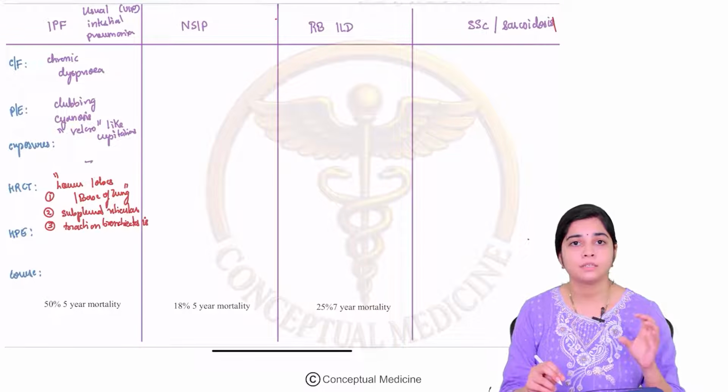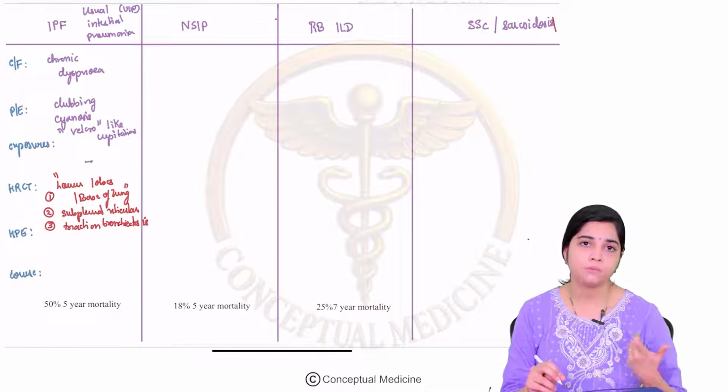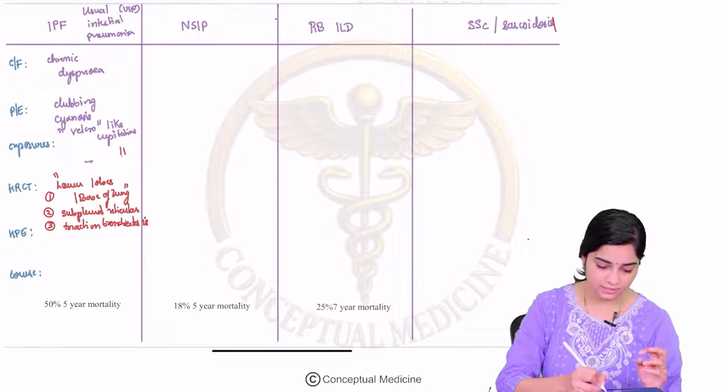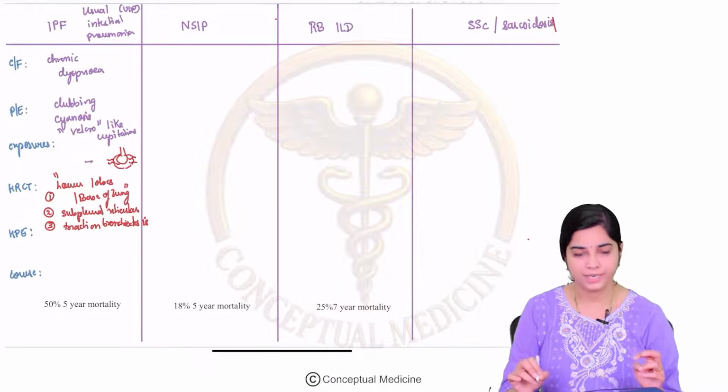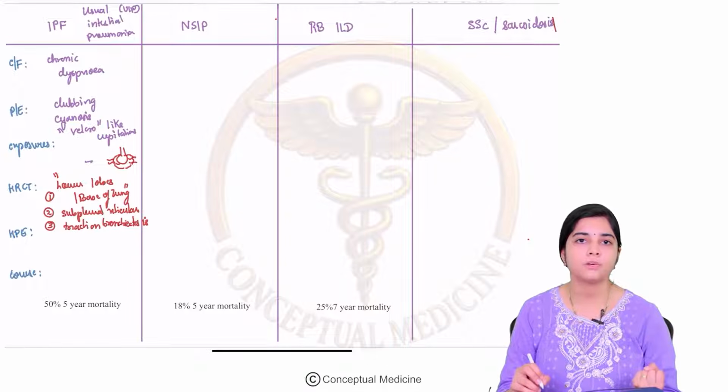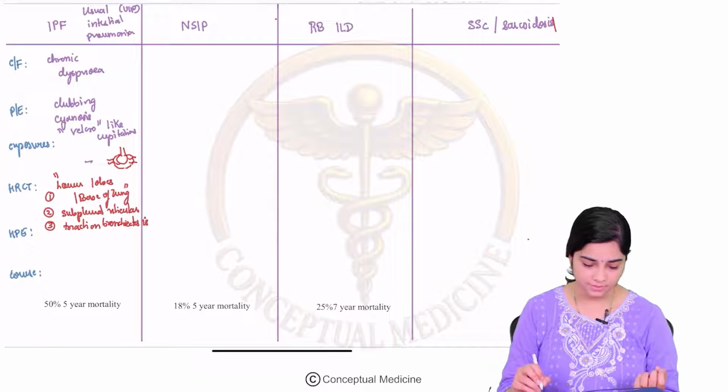This means that the parenchyma which is surrounding the bronchi is fibrosed, and this causes a traction or a pull on the bronchi leading to dilatation. So if you see, this is the bronchus, there is fibrosis here, and this is going to pull the bronchus leading to dilatation, and this is what we call traction bronchiectasis. So traction bronchiectasis is a characteristic feature of idiopathic pulmonary fibrosis.